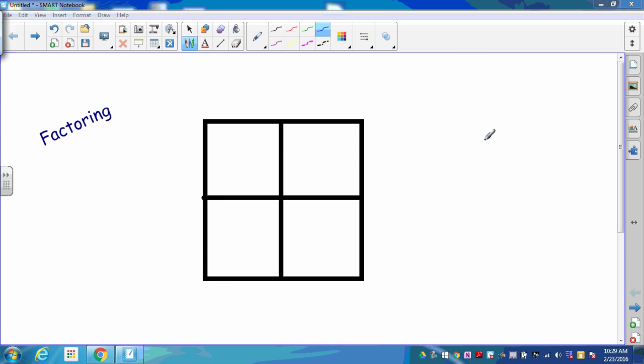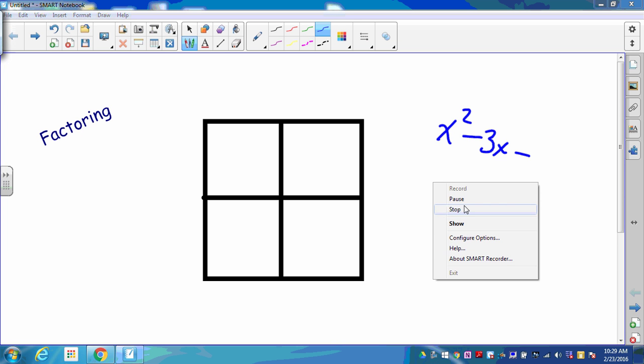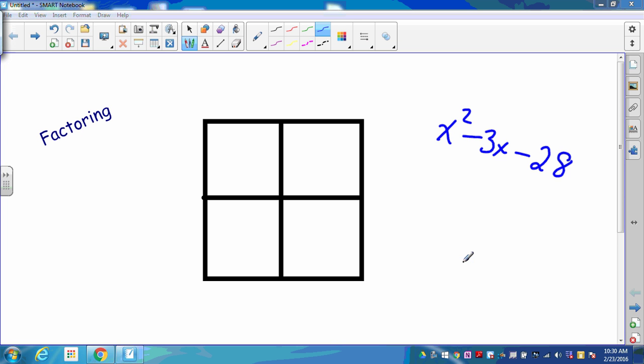Okay, so let's do another one. The next trinomial, or quadratic, that we want to try to factor is going to be x squared minus 3x minus 28.